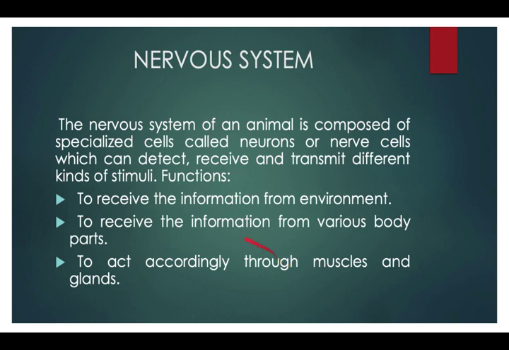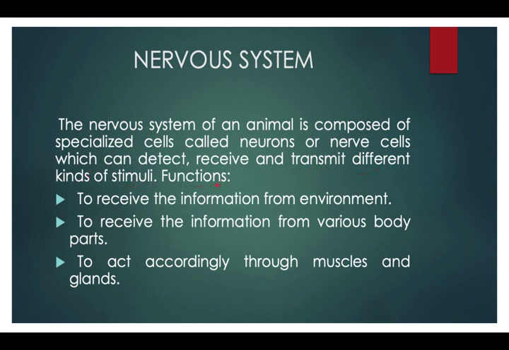this nervous system. The nervous system of an animal is composed of specialized cells called neurons or nerve cells, or we can say that these are the basic structural and functional unit of our nervous system, which can detect, receive and transmit different kinds of stimuli.